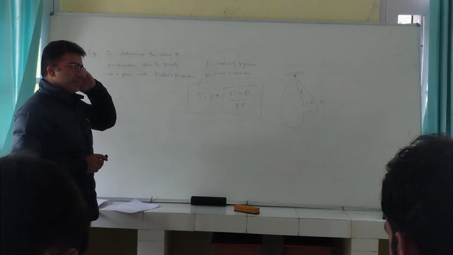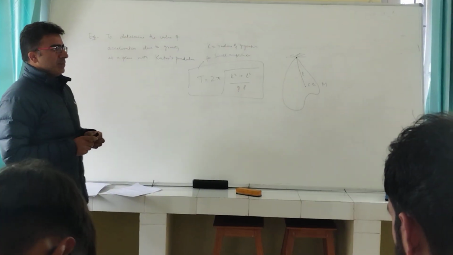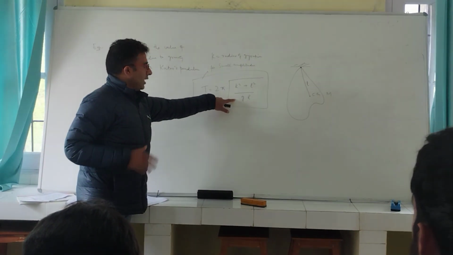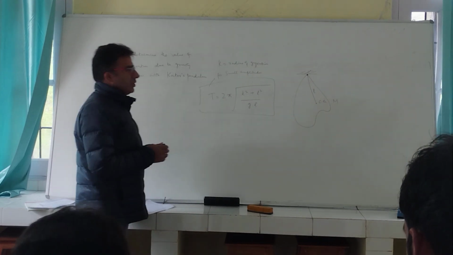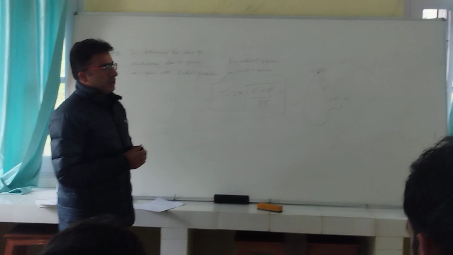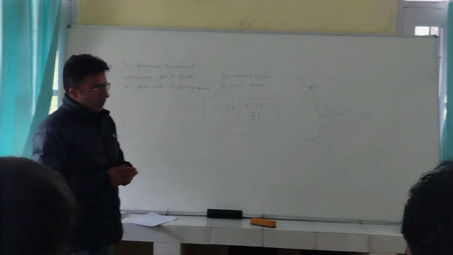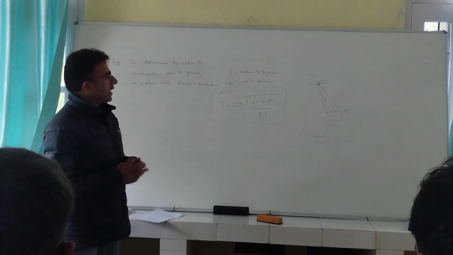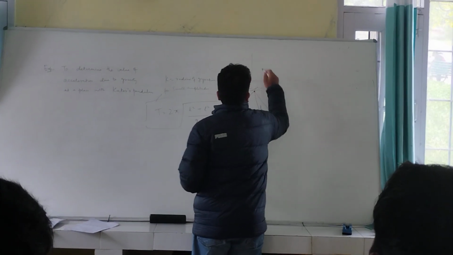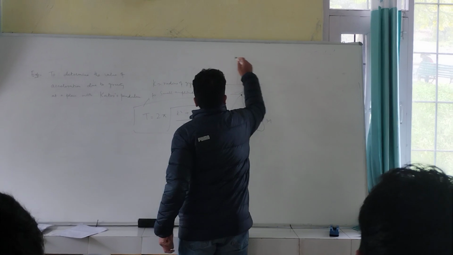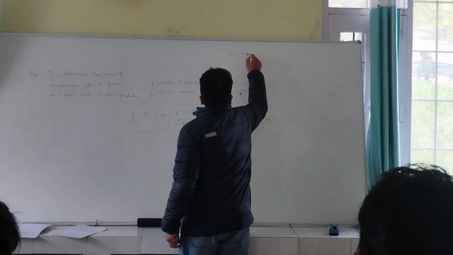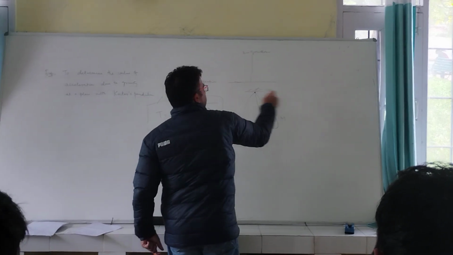We had a bar pendulum, which is a compound pendulum; this formula is valid for any compound pendulum. Then we plotted a graph between the time of oscillation and the distance of the knife edges.